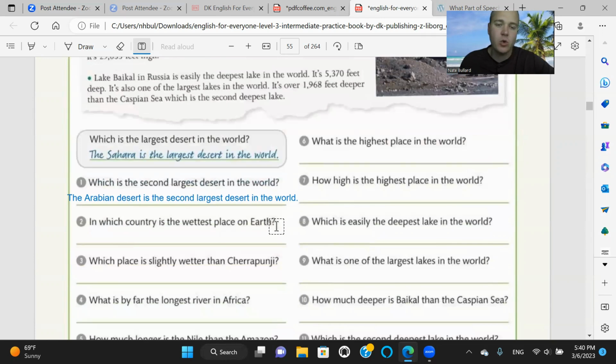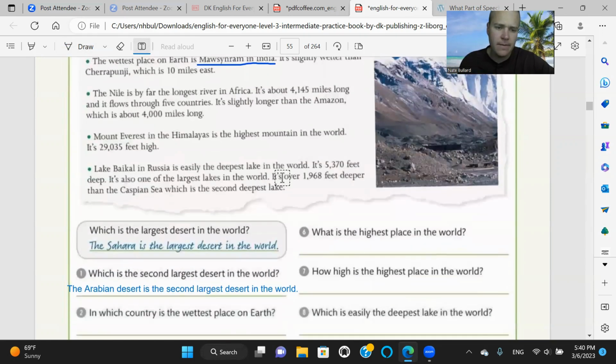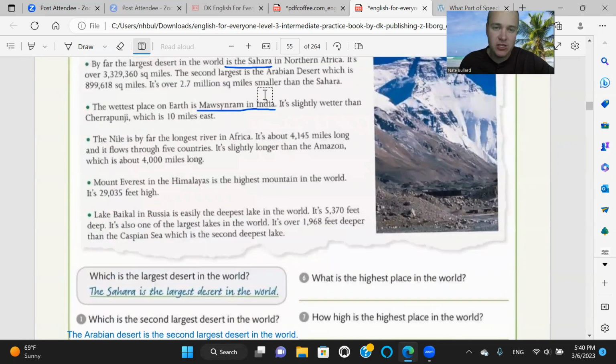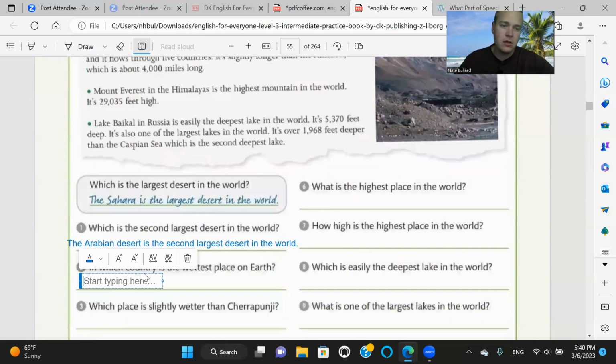In which country is the wettest place on Earth? The wettest place on Earth is in Sinram in India. All right. In which country is the wettest place on Earth? So they're just looking for the country. The country is India. We can respond like this.